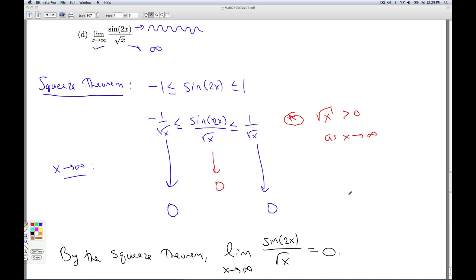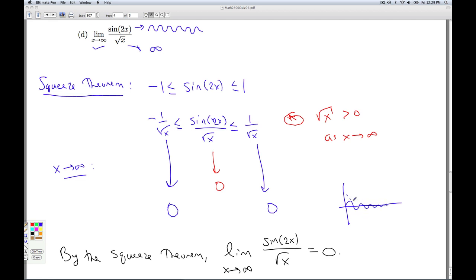And this is another good opportunity to actually use the graphing calculator. It would behoove you at this point to graph 1 over the square root of x, -1 over square root of x, and sine of 2x over the square root of x. And what you'll see is this damping sort of phenomenon that's happening.